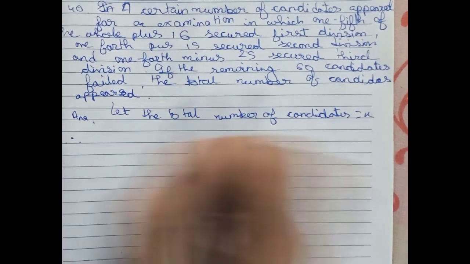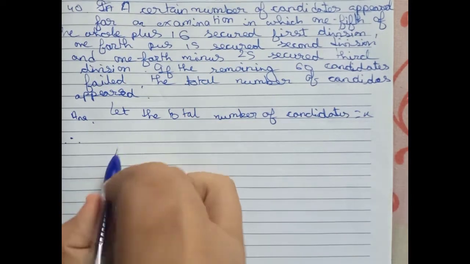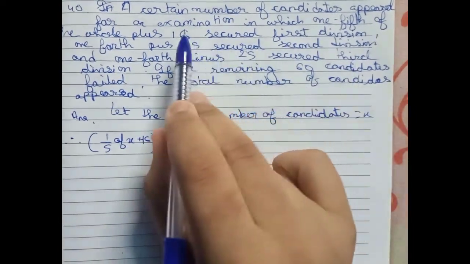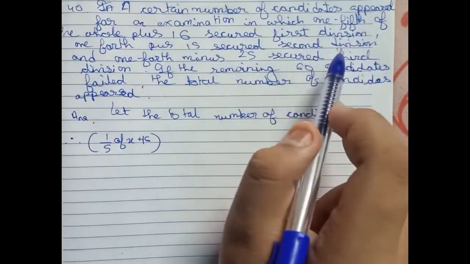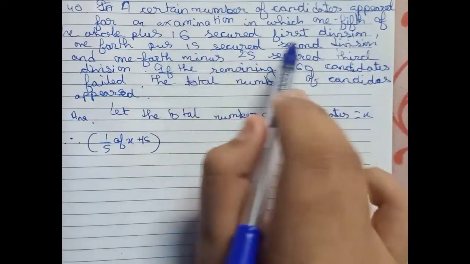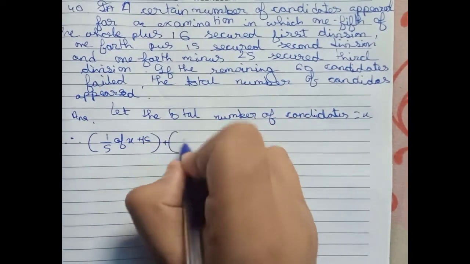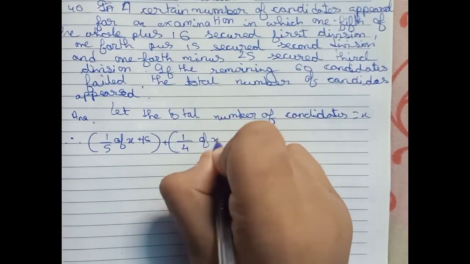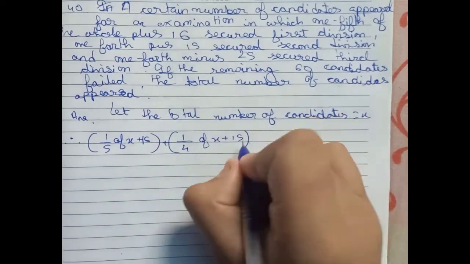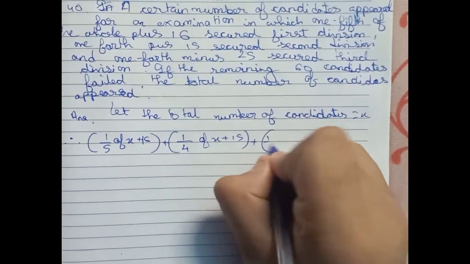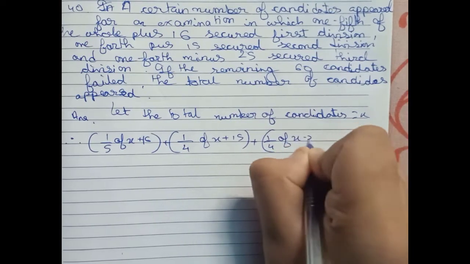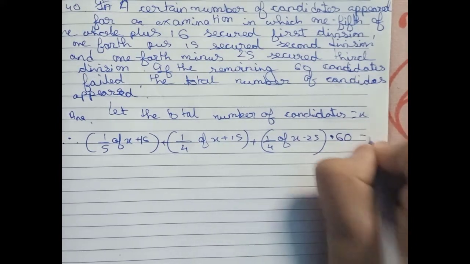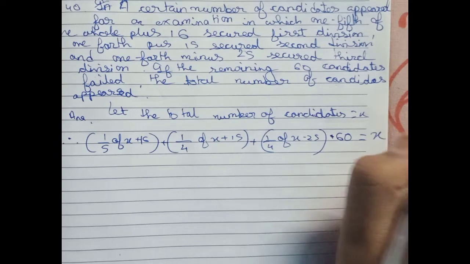Now frame our equation. 1/5 of x plus 16 secured first division, plus 1/4 of x plus 15, the second division, and the last is 1/4 of x minus 25, the third division, and plus 60, because 60 students failed and the total number of students is x. So this is our equation.